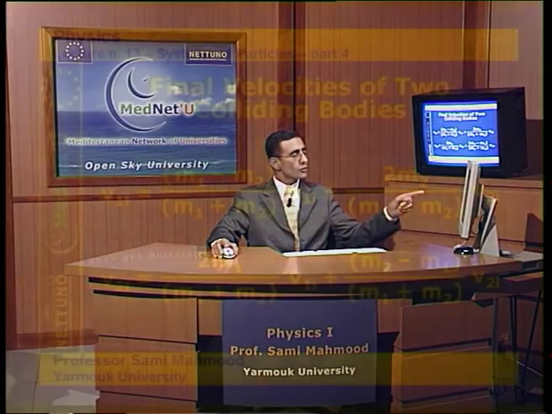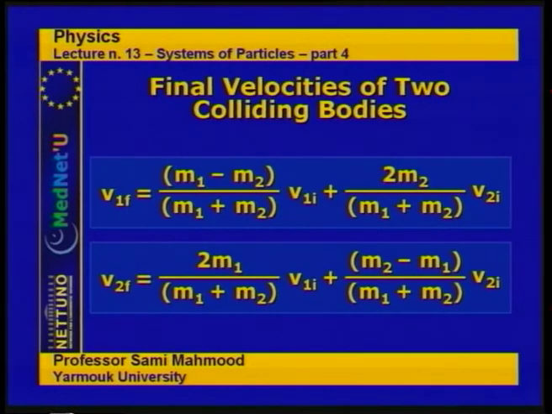Similarly, we can find the final velocity of the second object, which is the target object, by introducing this value of V1 final, which we just evaluated.